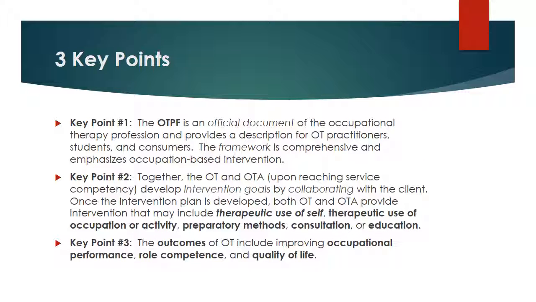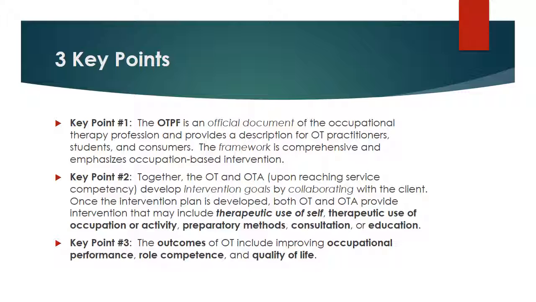So the 3 key points of the entire lecture on the Occupational Therapy Practice Framework include key point number 1, the OTPF is an official document of the occupational therapy profession, and it provides a description for OT practitioners, students, and consumers. The framework is comprehensive and emphasizes occupation-based intervention. Key point number 2, together the OT and OTA develop intervention goals by collaborating with the client.